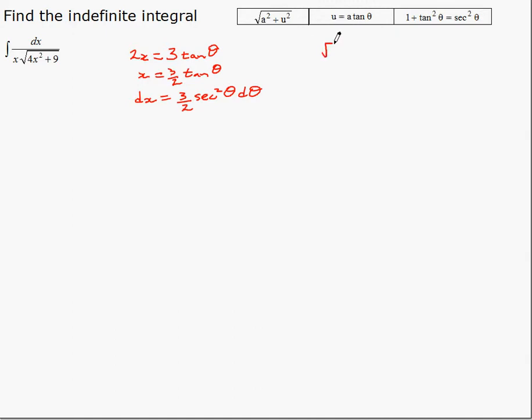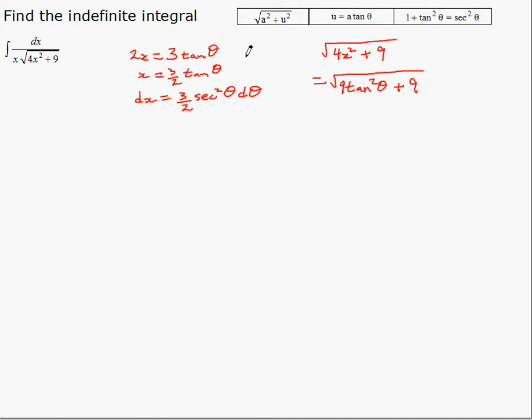Let's work out the root here off to the side. When we make the substitution, 4x squared will become 9 tan squared theta plus 9. 4x squared, the square root of that was 2x, so it becomes 2x all squared.